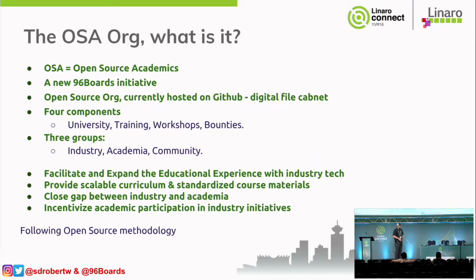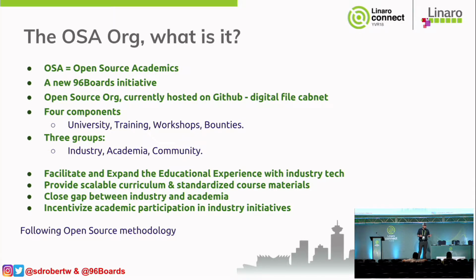So I want to talk about what Open Source Academics is. OSA, like I said, stands for Open Source Academics, and it is a new 96Boards initiative, an open source org that's currently hosted on GitHub. You can find it today.